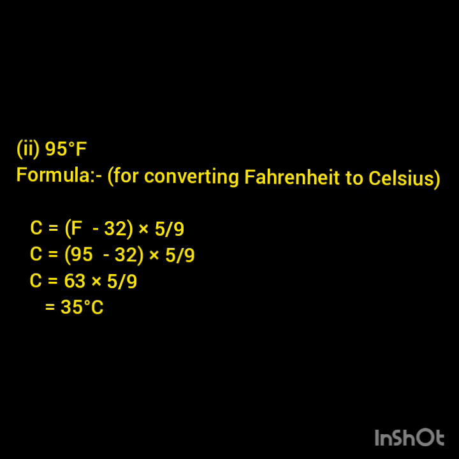After the subtraction, we get 63. Then we divide the number 63 by 9. So we get 7. Then multiply this 7 with the number 5. Finally, we get 35 degrees Celsius.